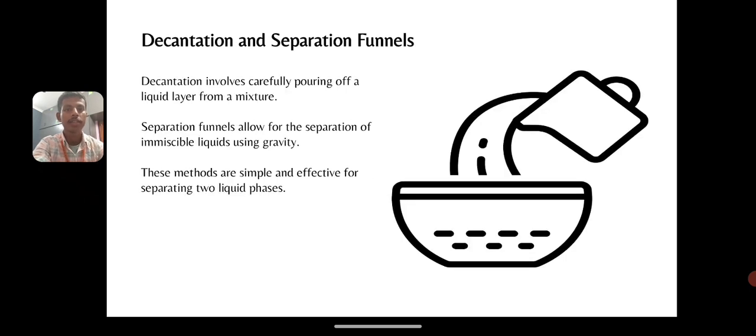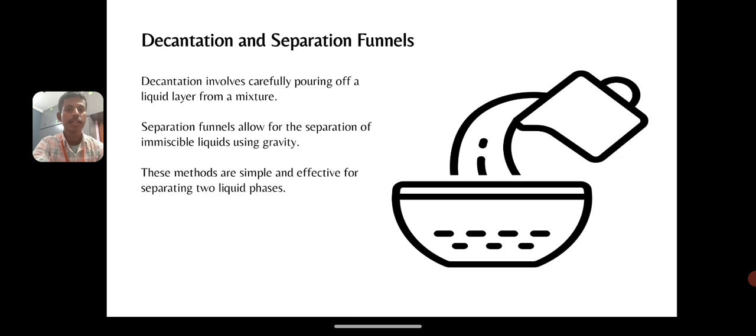Now let us discuss decantation and separating funnels. These methods are used mainly for immiscible liquids, liquids that do not mix. Decantation involves carefully pouring off a liquid layer from a mixture. It is useful when the density difference is high.